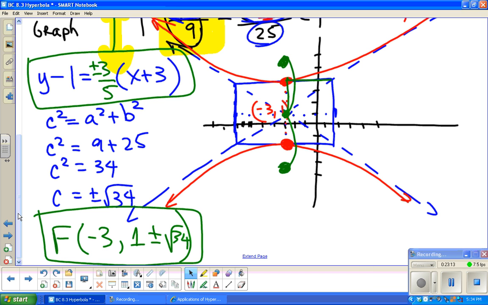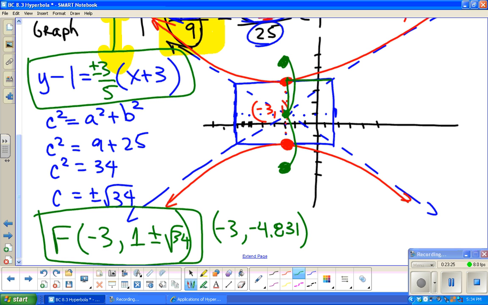Okay, and just one little confirmation. If you actually type that into the calculator, this ends up being -3, -4.831, and -3, 6.831. So -1, 2, 3, 4, almost 5. So yeah, about right there.